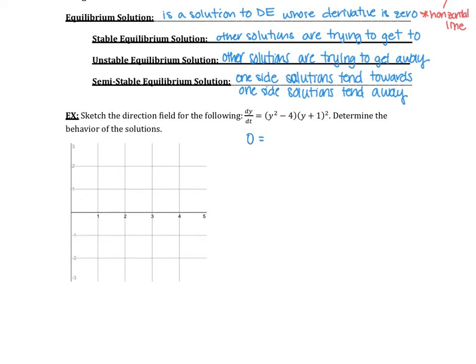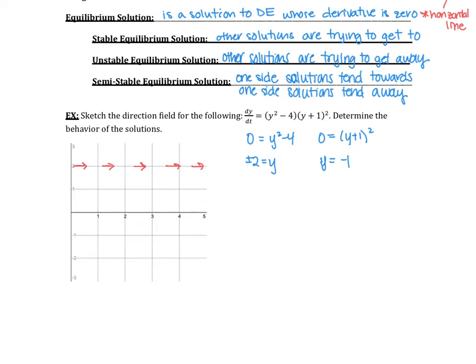I'm trying to figure out when 0 equals y squared minus 4 and when 0 equals y plus 1 squared. So on this first one, I would get an equilibrium solution at plus or minus 2. And over here, I would get an equilibrium solution at negative 1. So we can represent these equilibrium solutions here at positive 2. I'm just going to draw horizontal lines.